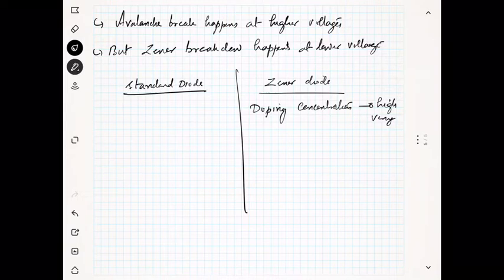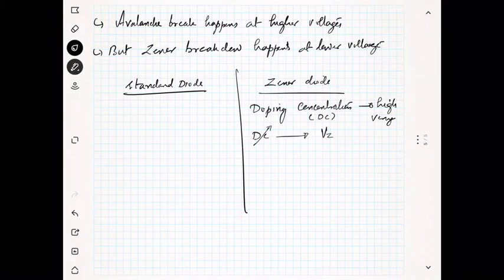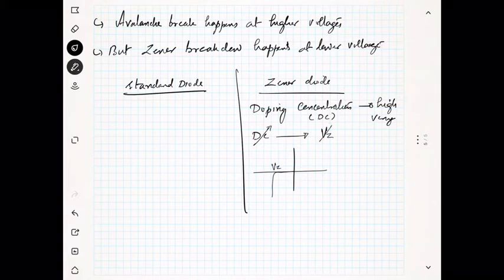If you change the doping concentration, you can change the Vz. What is Vz? Vz is the voltage at which the breakdown happens. So if you change the doping, you can change the Vz.